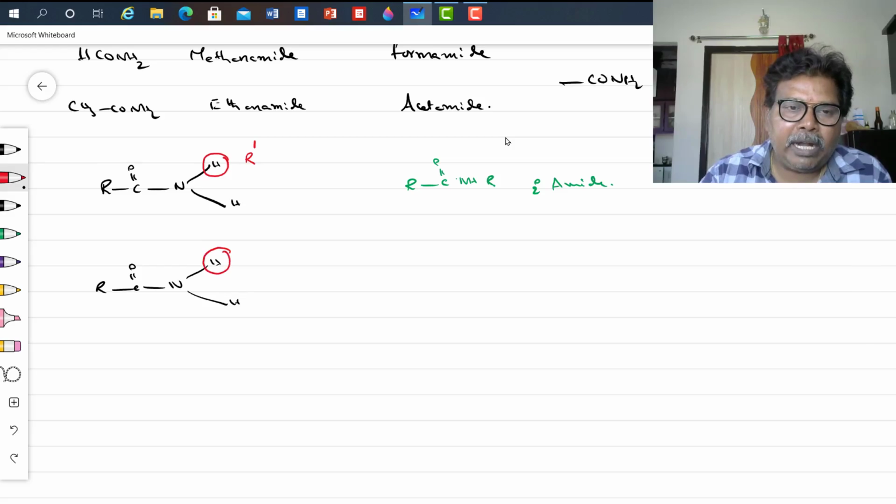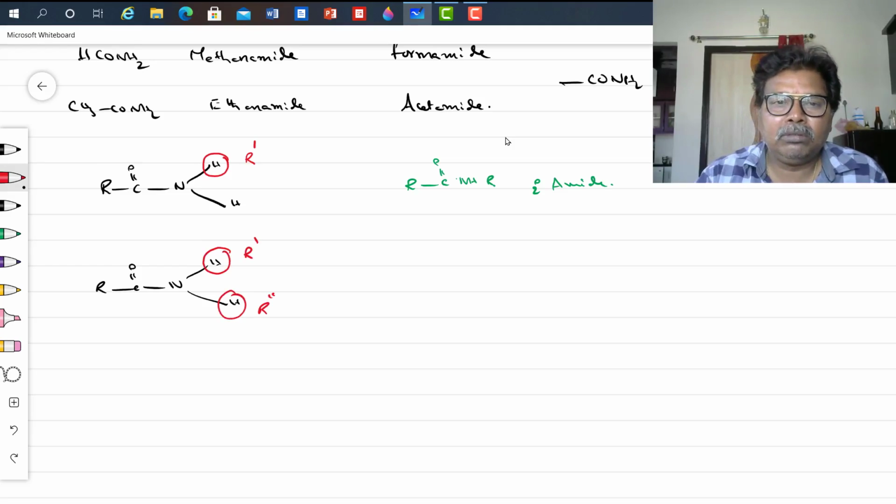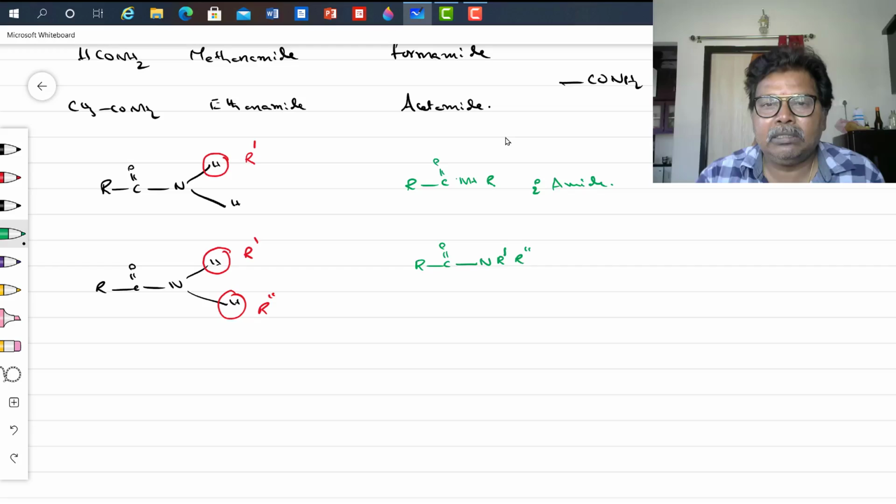If hydrogen atoms are replaced by R dash, R double dash, which may be the same also, then the compounds obtained are RC double bond O N R dash R double dash. This is known as the tertiary amide functional group.